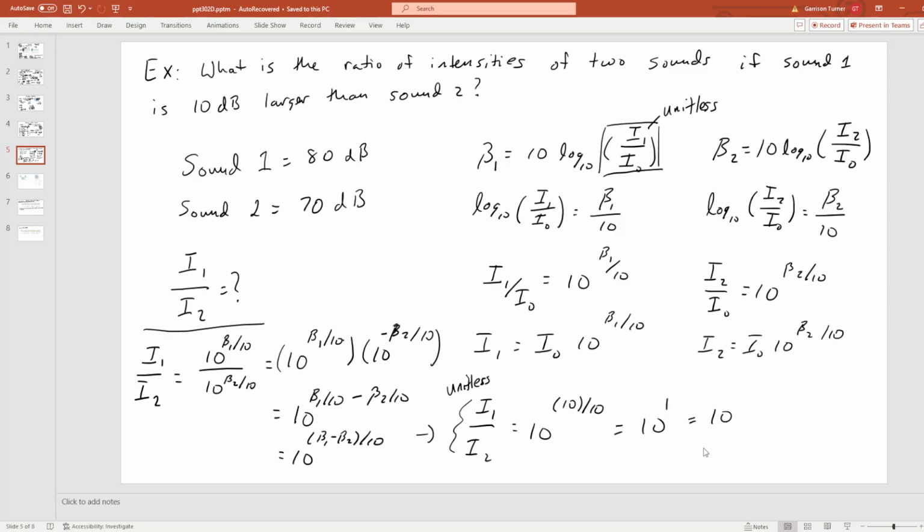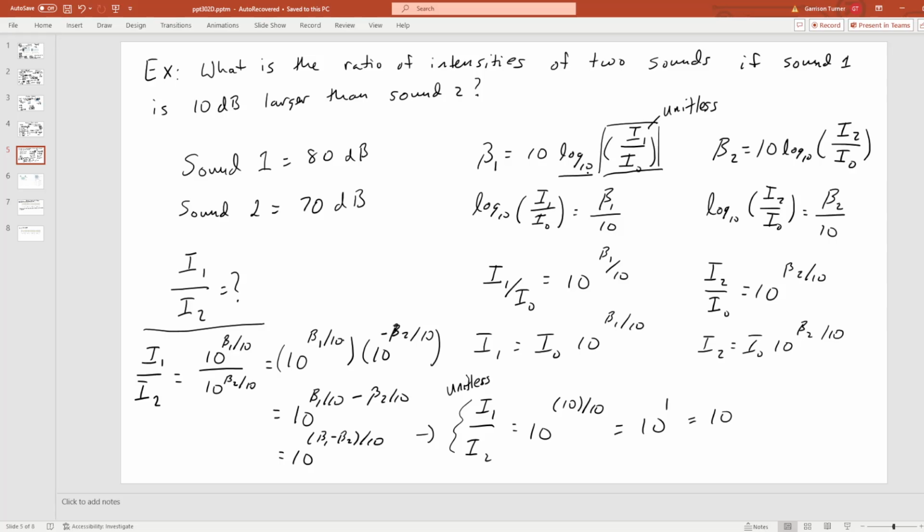Now, that might lead you to think that this is a linear relationship, but it's not. It is logarithmic. Just because a difference of 10 decibels means a factor of 10 difference in intensity does not mean that a difference of 2 decibels means a ratio of twice the intensity.